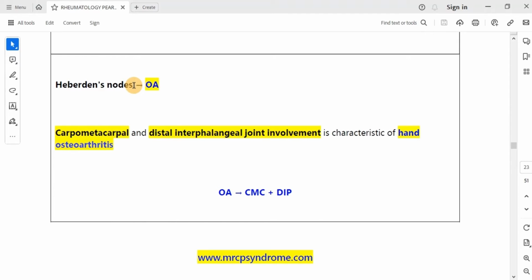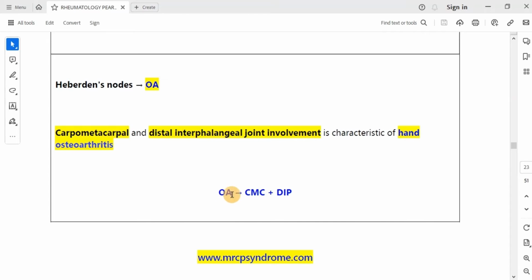Next one is the Heberden node, the node on the DIP joint. This is known as the Heberden node, and Heberden node is pathognomonic of osteoarthritis. The CMC, carpometacarpal, and the DIP, distal interphalangeal joint involvement is characteristic of hand osteoarthritis.